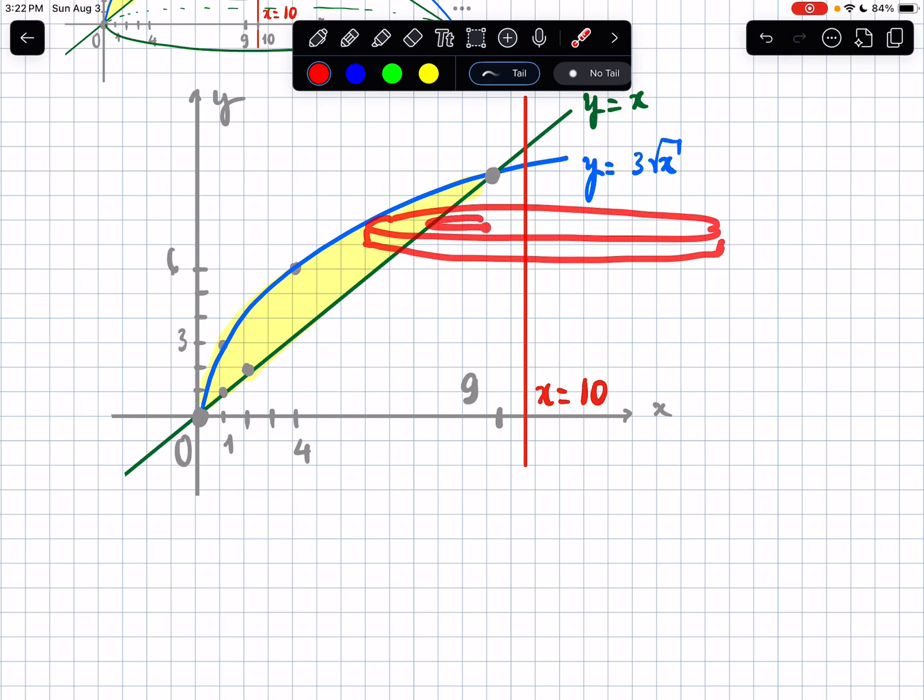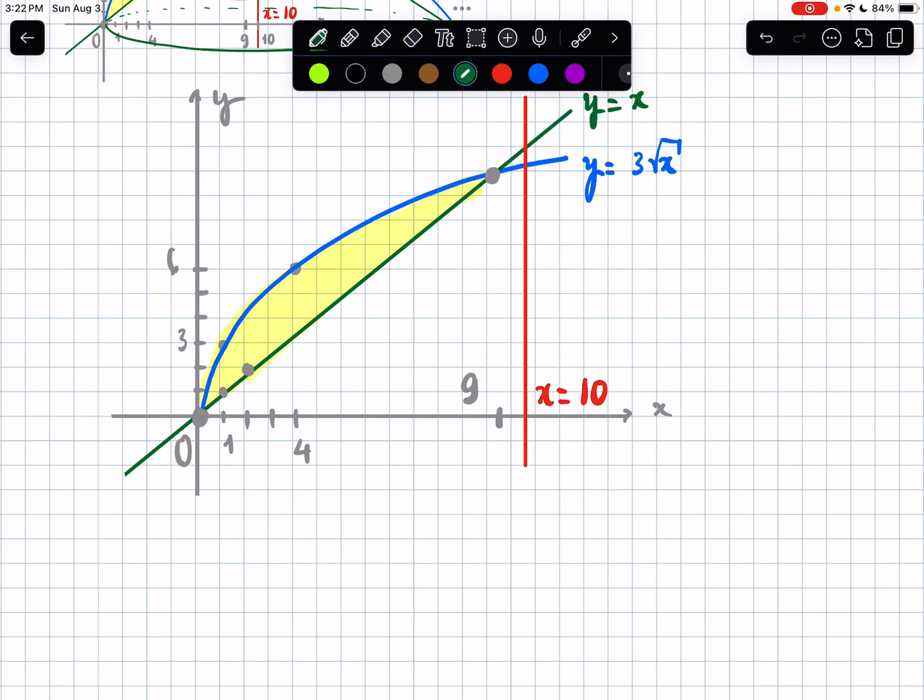It is a very thin part. The cross section is a washer, where the inner circle is the one given by the green curve y equal to x. The outer circle is the one given by the blue curve y equal to 3 times square root of x.